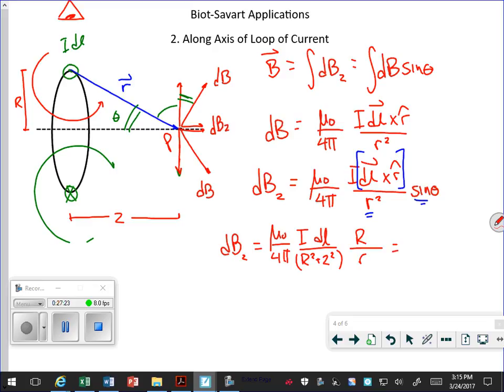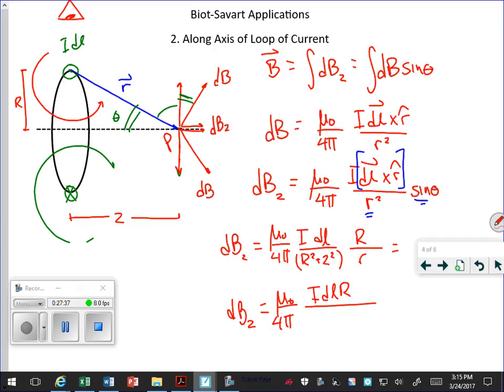So that's I dl times R over r, where r is the square root of that. So we've got one factor times another square root, times another factor to the 1/2. So what we get here is R squared plus z squared to the 3/2.